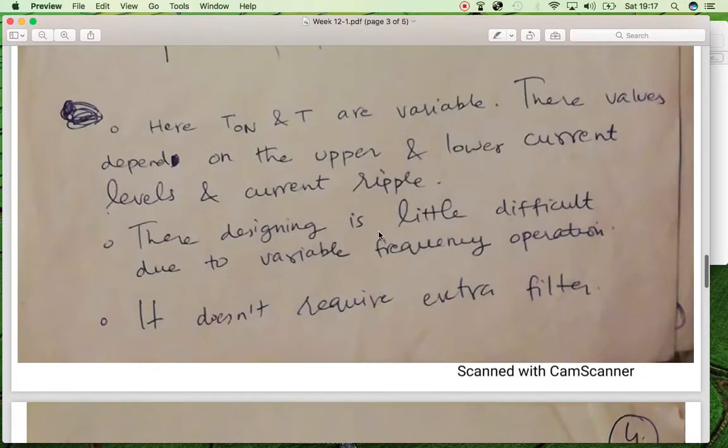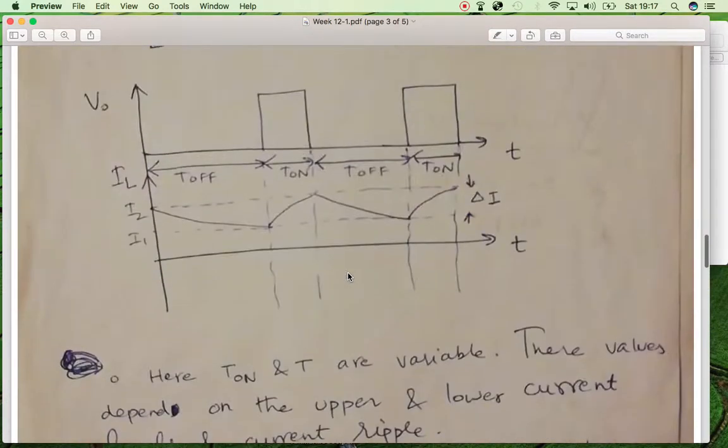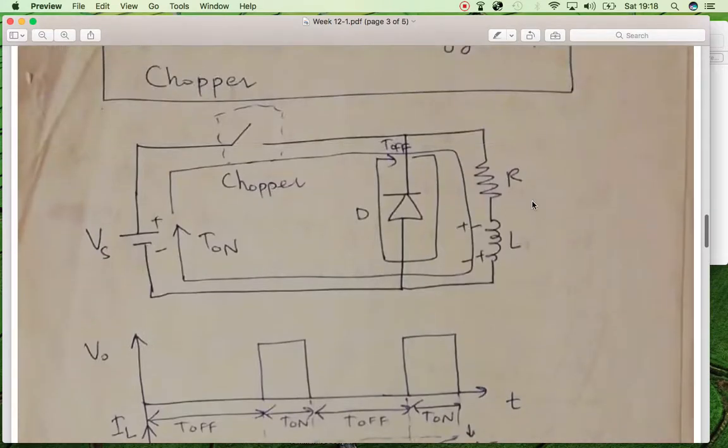The first one is that it does not require an extra filter, because we are just controlling the current, and the change in current can be controlled by varying the parameters of the load at the right hand side.